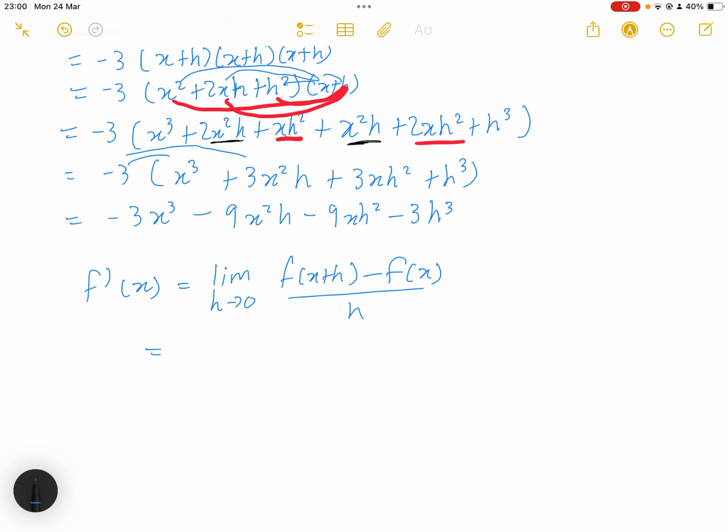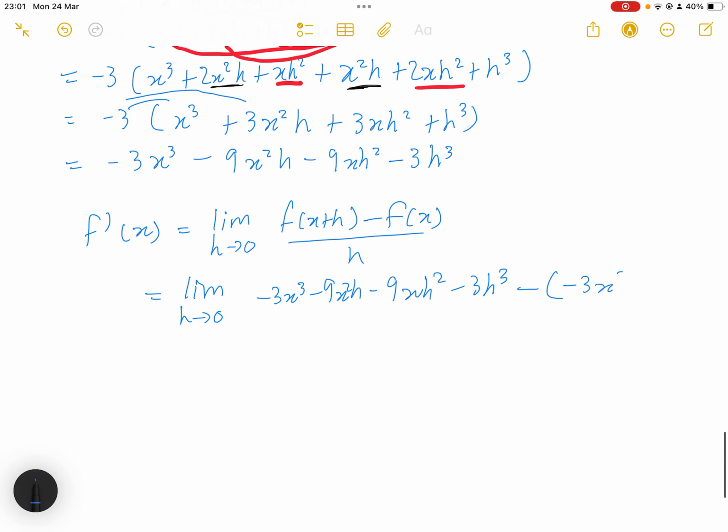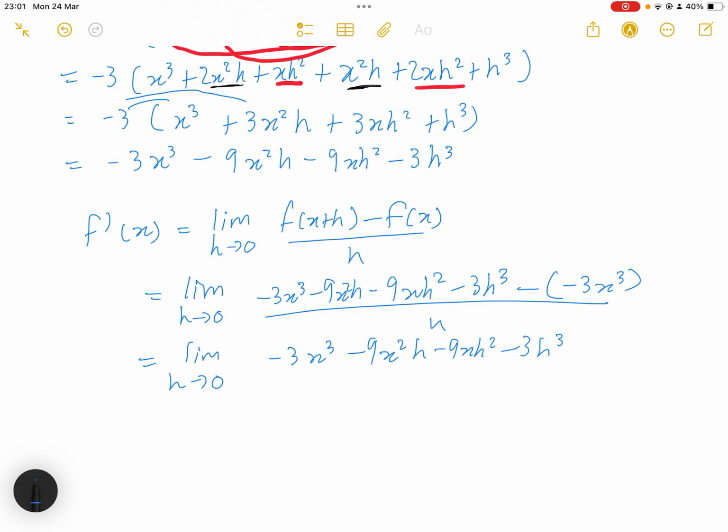It will give you: limit as h tends to 0, put in what you just did, negative 3x cubed minus 9x squared h minus 9xh squared minus 3h cubed, minus brackets, remember the formula, negative 3x cubed, all over h. So the negative and the negative give plus 3x cubed all over h.